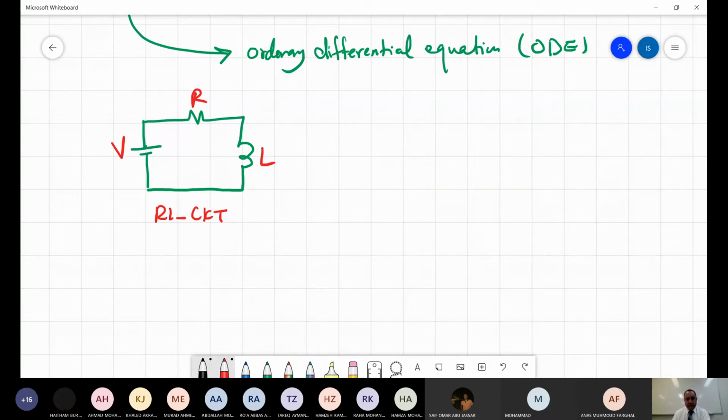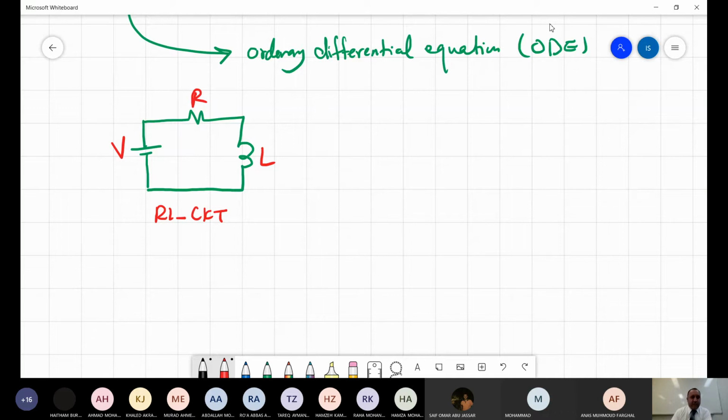Okay. So I need to model it. If I need to model, the first thing you should specify is what? The input and the output, correct? Because the model actually is a relation between the input and the output.